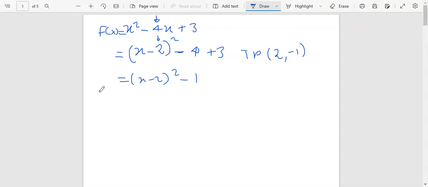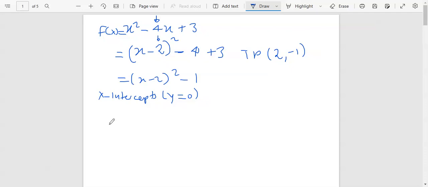And then we can find the x-intercepts. Now we know that x-intercepts, where the graph cuts the x-axis, happens when y is equal to 0. So I'm going to equate this equation to 0 to solve for x.